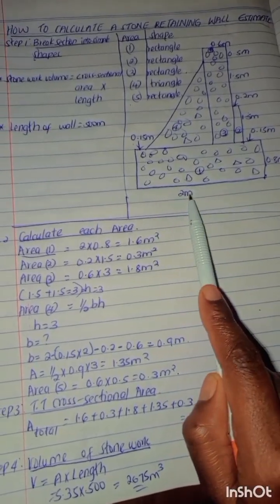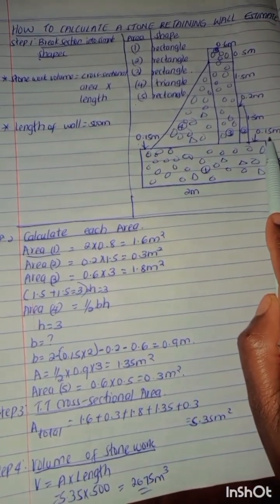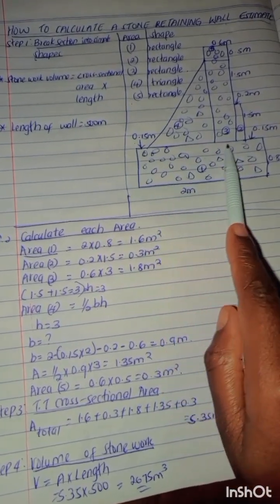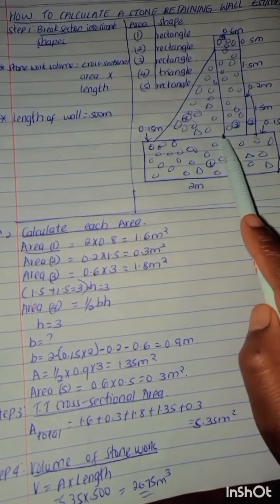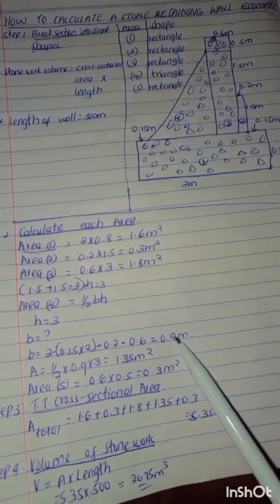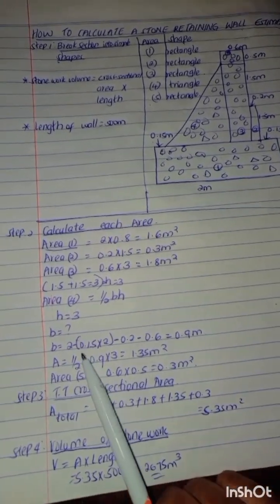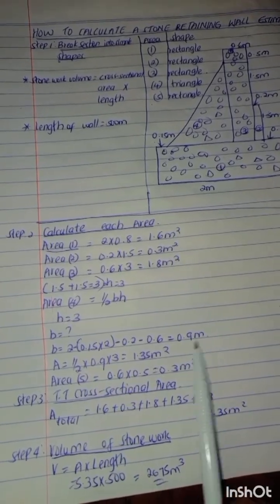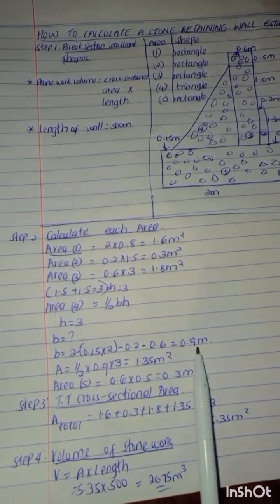So you take 2 meters, minus 0.15 and the other 0.15, and then you minus this 0.2 for this rectangle and this rectangle 0.6, whereby you get a base of 0.9 meters. So we can calculate the area as half times 0.9, that is the base, multiplied by 3, that is the height, and you get 1.35 meters squared.